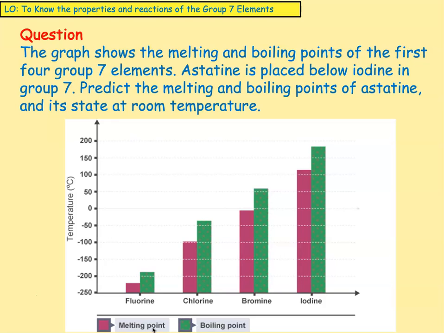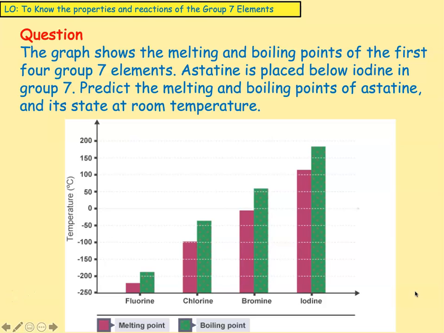So what you want to do is see how much it's increasing each time between chlorine and bromine, between bromine and iodine, and then go roughly the same for astatine. So pause the video now, make your estimates for the melting and boiling point, and then come back to the video and see if you were correct.